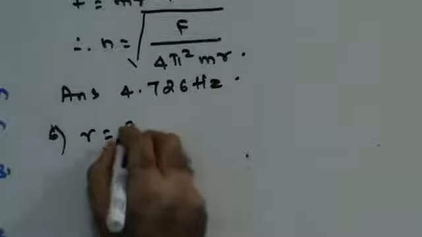Next, to simulate the acceleration of large rockets, astronauts are spun at the end of long rotating beams. Astronauts are spun at the end of a long rotating beam of radius 9.8 meters.